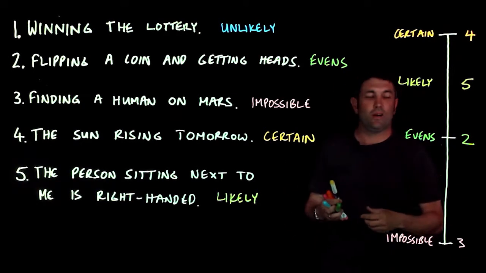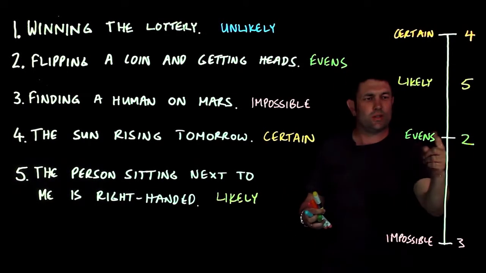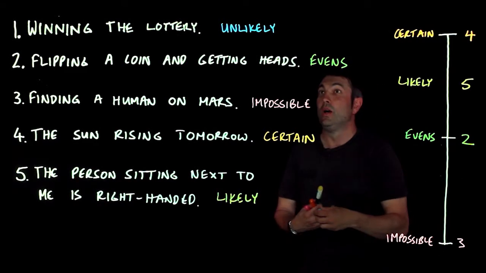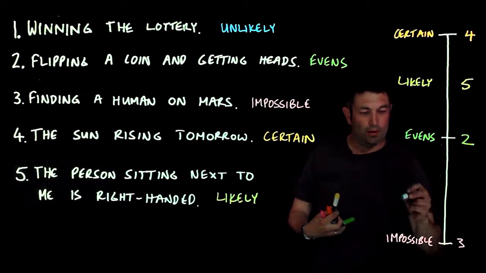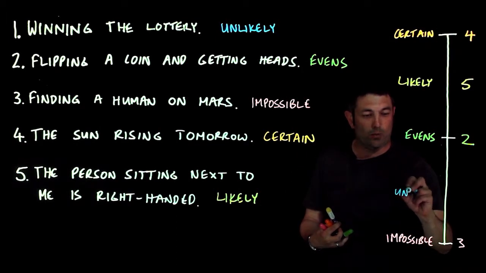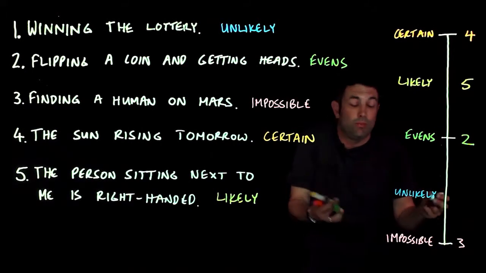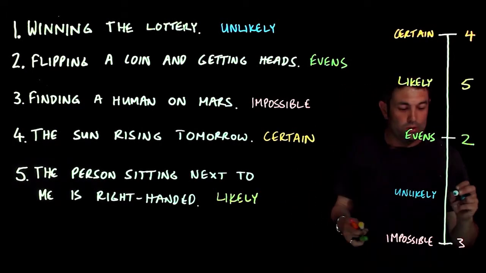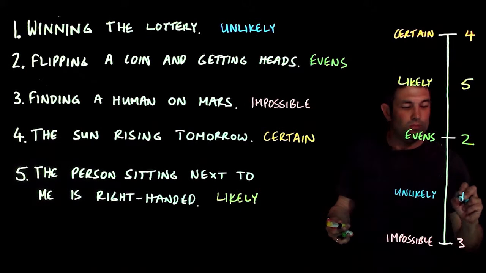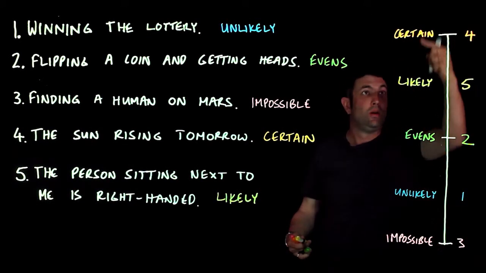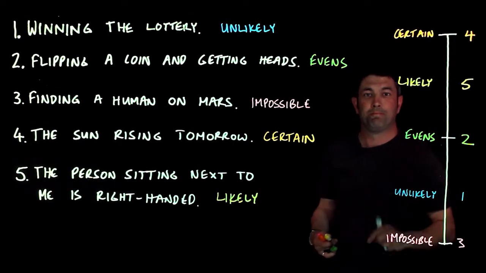And unlikely, winning the lottery, well, I haven't got half a chance, have I? I've got far less than half a chance, but it's not quite impossible. So down here I'm going to put unlikely somewhere here. You never know, it depends. If you buy a whole load of tickets, you've got more chances, haven't you? But it's not very likely. So unlikely, likely, and this is what's known as your chance line here.